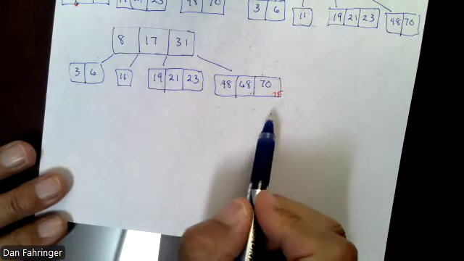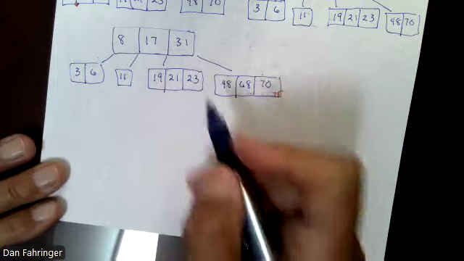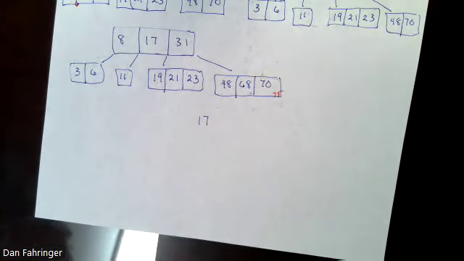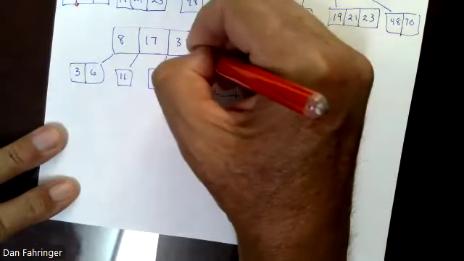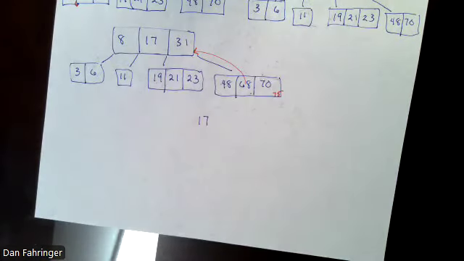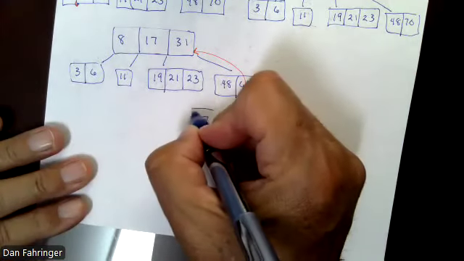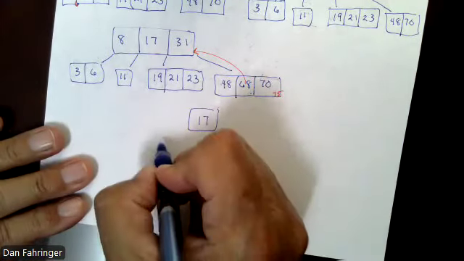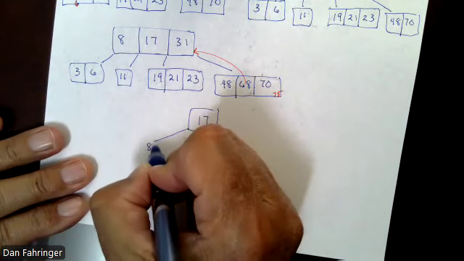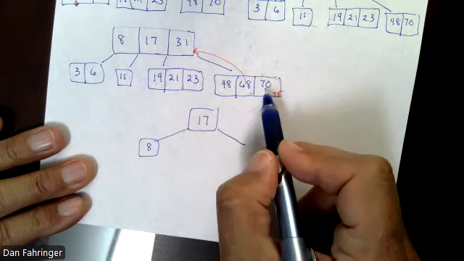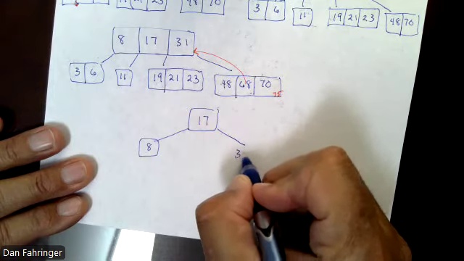Let's see, we try to send that up, which blows this up. So now 17 is happy. We tried to send 68 up here. Okay, 68's gone, blows this up. So 17 is happy. To the left is the 8, which was on the left. To the right is the 31 and the new 68.